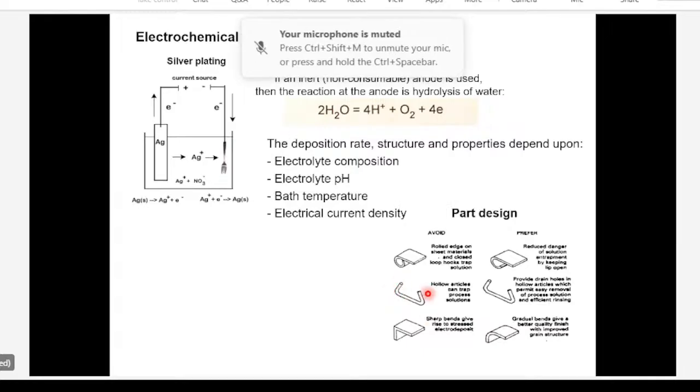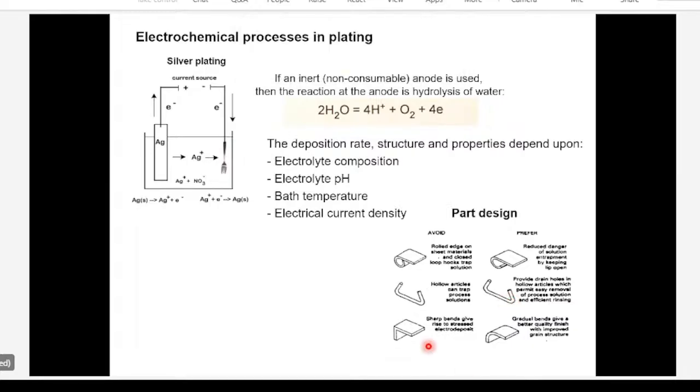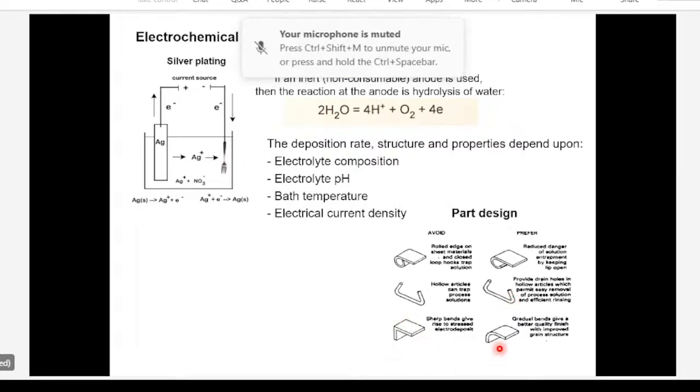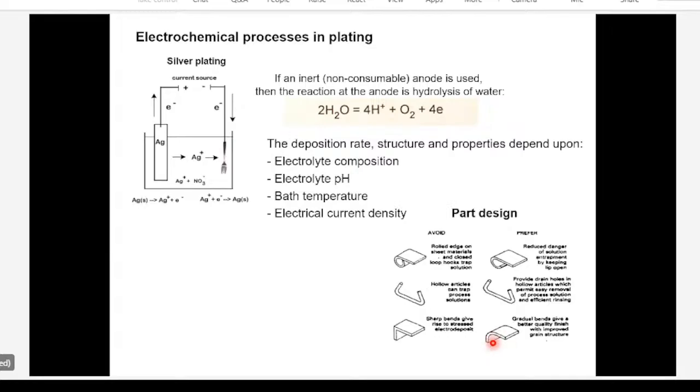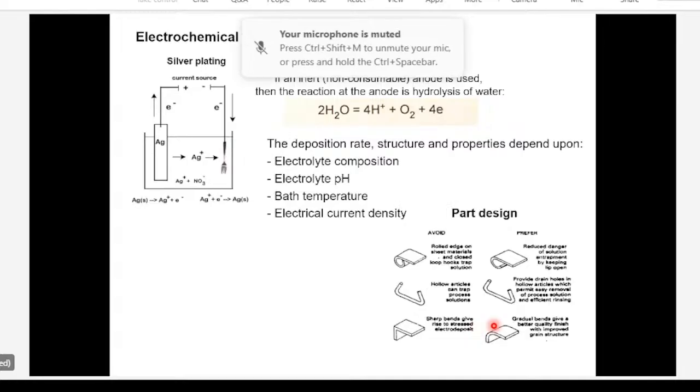Or if you're electroplating a tube or a hollow part, then you must have a little drain hole to drain the electrolyte out. Otherwise, the electrolyte inside can cause corrosion later on. Any sharp corners should be made curved, again, because there could be thermal stress buildup during the deposition process.